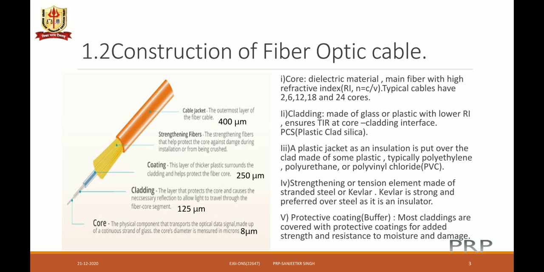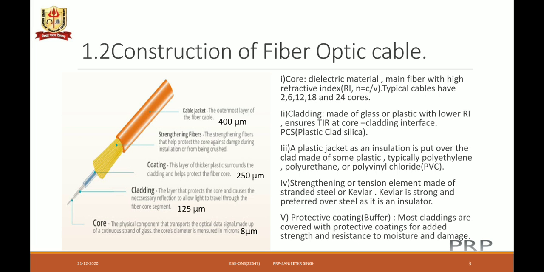The second part over that core is the cladding. This layer is also made of either glass or it could be of plastic with lower refractive index as compared to that of core.